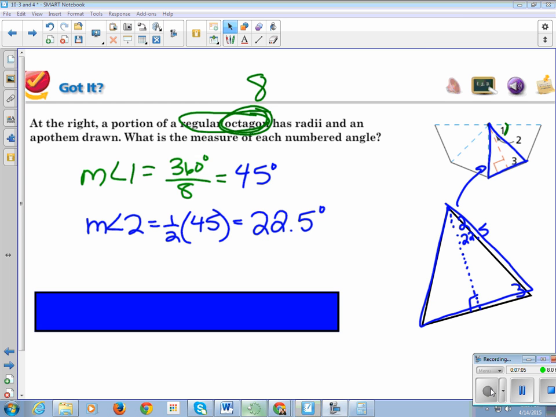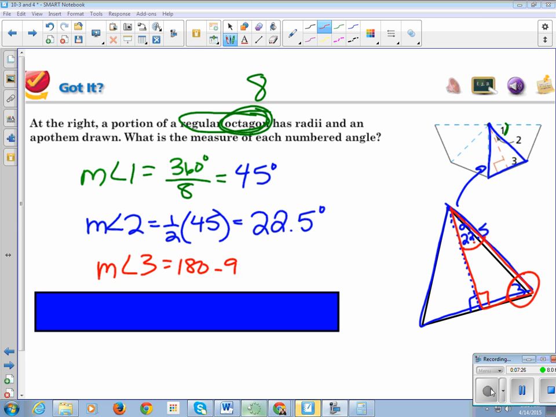Now we're going to use this red right triangle right here to find the measure of angle 3. I know that this corner is 90. That one's 22.5. And the measure of angle 3 has to be 180 minus 90 minus 22.5.